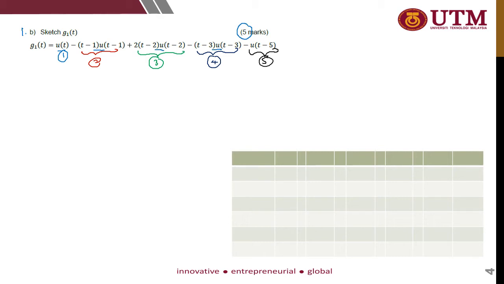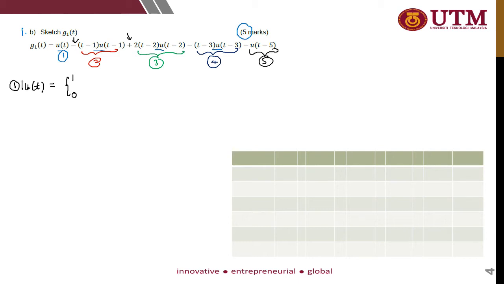Begin with the first component. It is equal to u(t). You don't have to write down the operation first, just get the main component with the magnitude. So u(t), in this case, the range of t will always be 0 and maximum magnitude, here the maximum magnitude is 1.